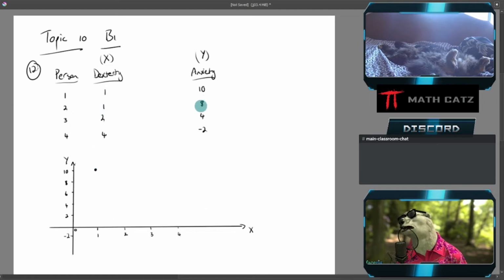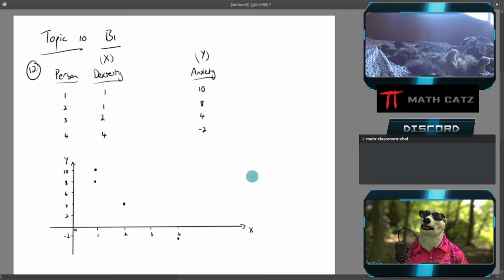Second data point, 1 and 8, over here. Again, just a rough sketch here because we're not doing much with it. We just want to visualize. But of course, in software, this can be done for many more data points. 2 and 4, roughly over there. And 4 and -2, put that over there.